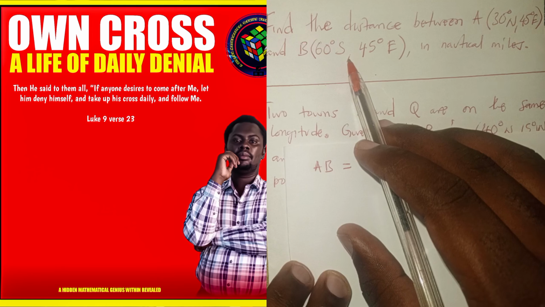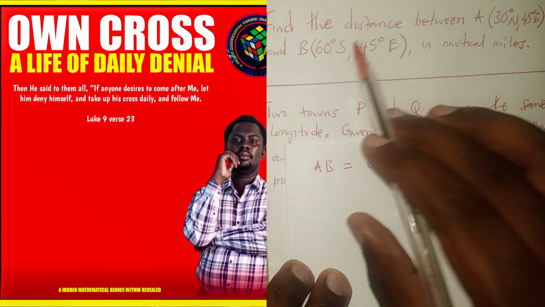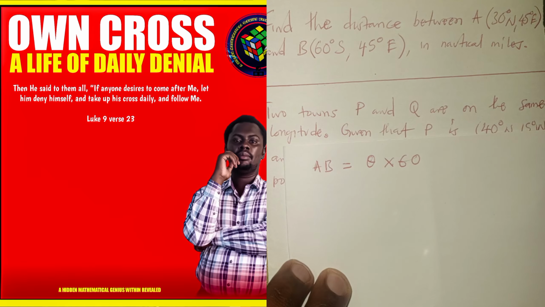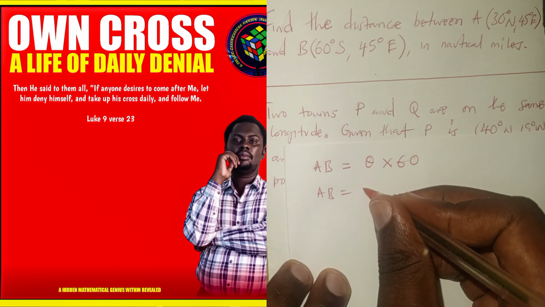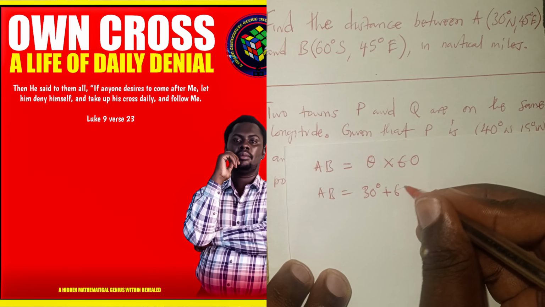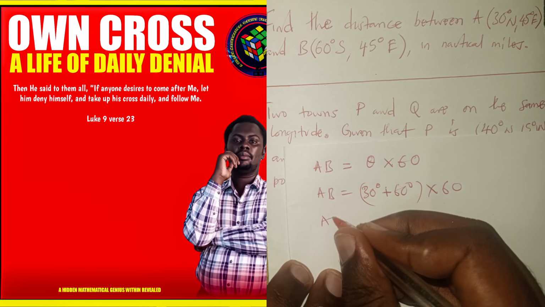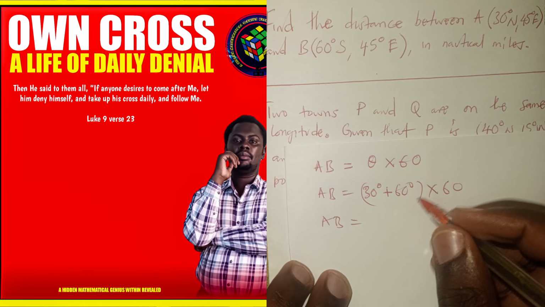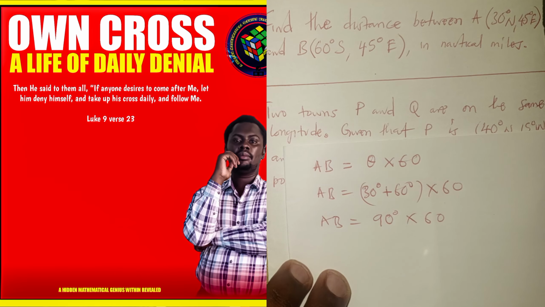These latitudes are in different directions, one north and one south, so we need to add the latitudes. AB is equal to 30 degrees plus 60 degrees, multiplied by 60. So AB is equal to 30 plus 60, we get 90, multiplied by 60.